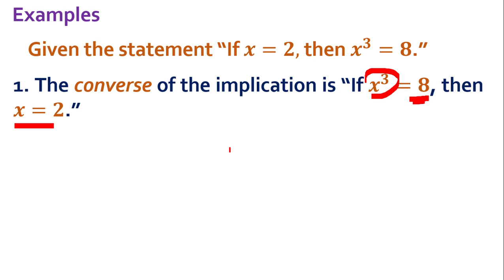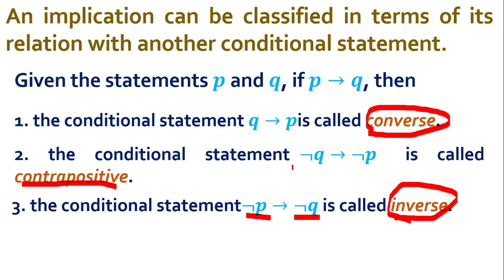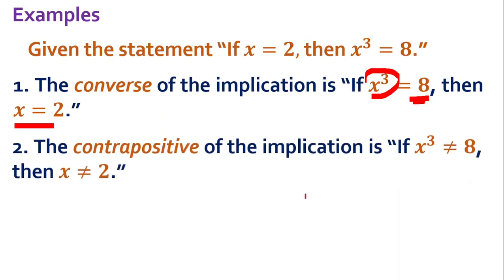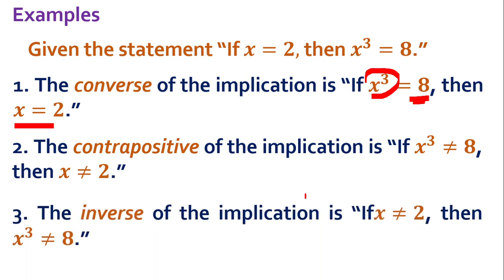Yun yung converse, kasi sinabi natin kanina, the conditional statement Q implies P is the converse. The contrapositive of the implication is, if x cubed is not equal to 8, then x is not equal to 2. The inverse of the implication is, if x is not equal to 2, then x cubed is not equal to 8. So ito yung mga tatandaan nyo.